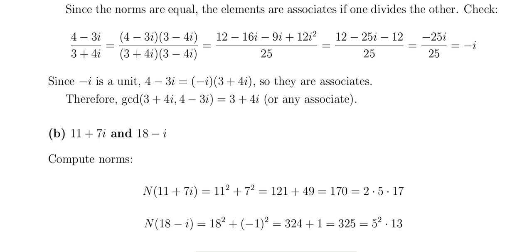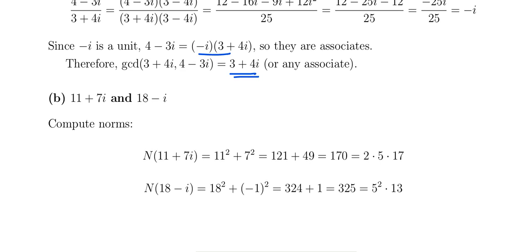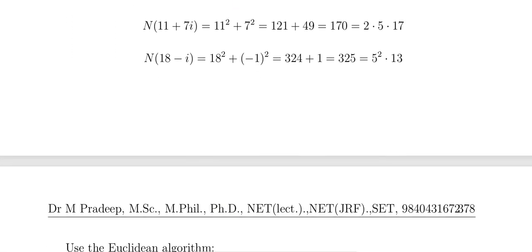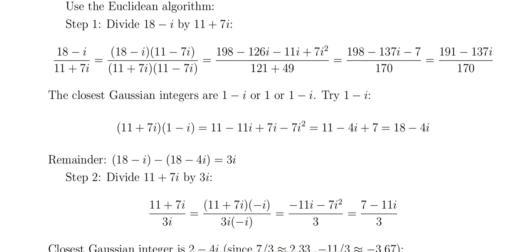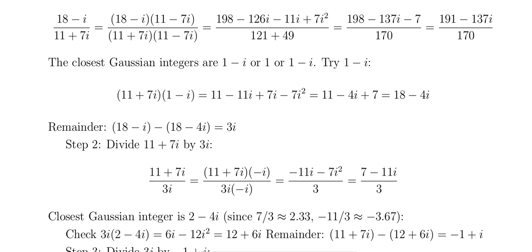Since minus i is a unit, we can express 4 minus 3i as minus i into (3 plus 4i). So the GCD is equivalent to 3 plus 4i. Okay, this is the idea. In the same way, I will give another example.